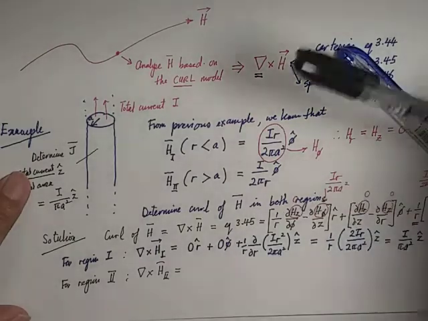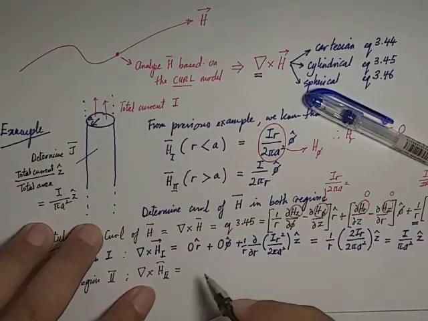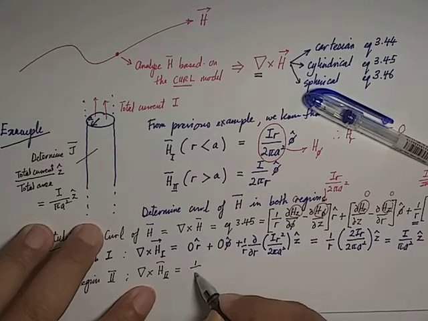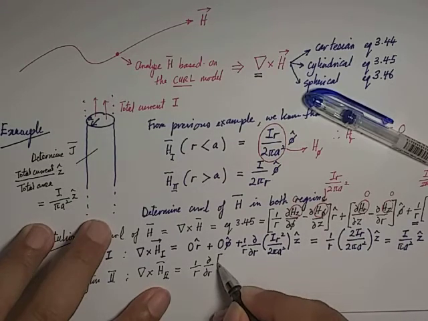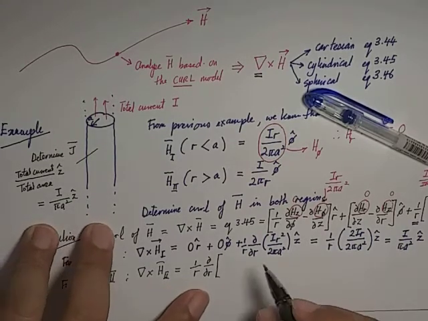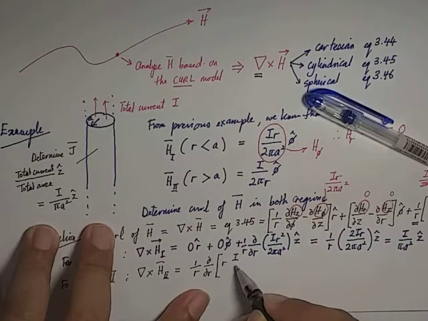I'm just going to focus on the Z term here. I'm going to have 1 over r, d over dr, and then r times I over 2 pi r, correct?